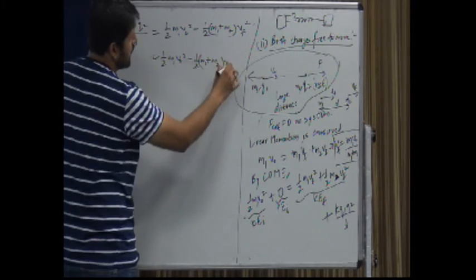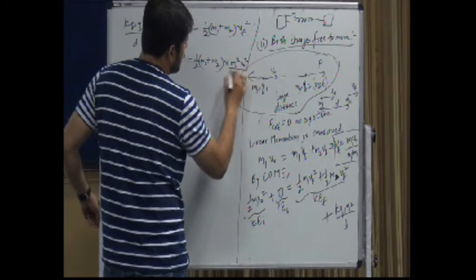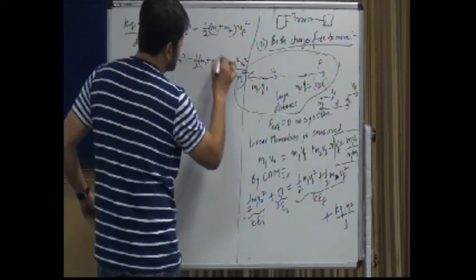Replacing vf, we get m1 square v0 square by m1 plus m2 whole square.